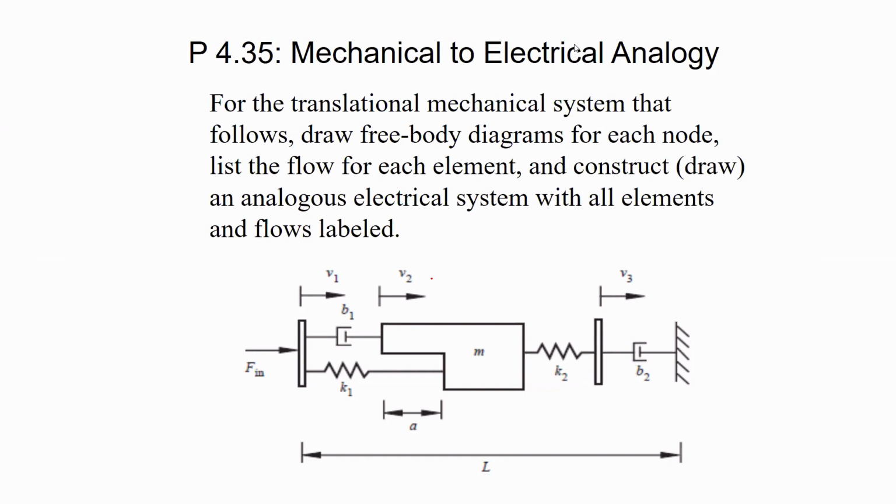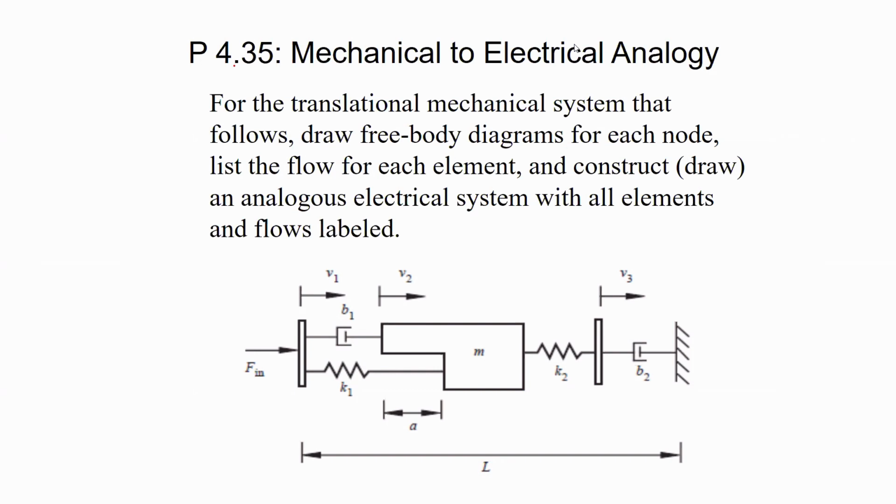Remember the objective is that you will see that the electrical and mechanical system mathematical models are identical. You can convert from a mechanical system to electrical and vice versa.